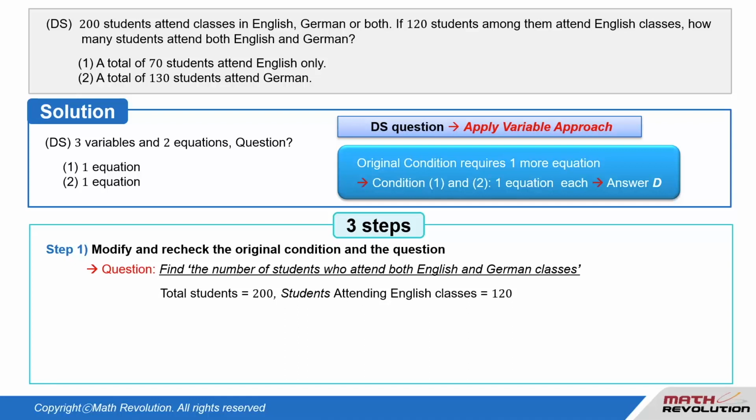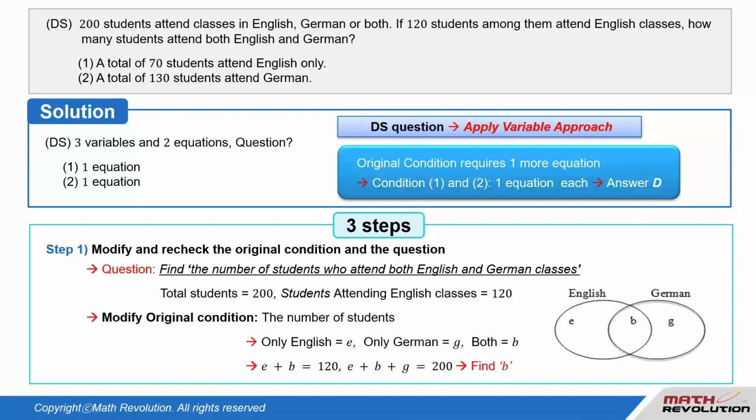Follow the first step of the variable approach by modifying and rechecking the original condition and the question. We have to find the number of students who attend both English and German classes. If out of 200 students who attend at least one of the two, 120 attend English classes.